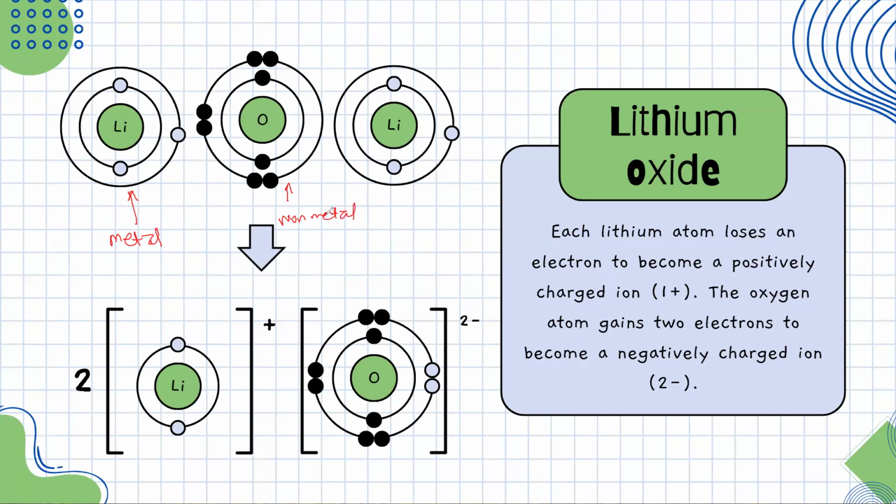So now the next question I want to ask is this. Lithium is in group 1 on the periodic table, and then oxygen is in group 6 on the periodic table. Which one is going to lose an electron and which one is going to gain an electron?